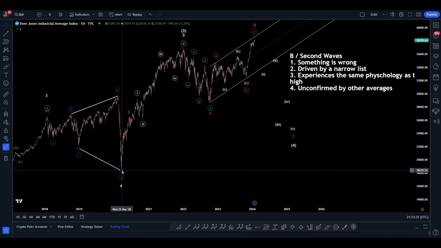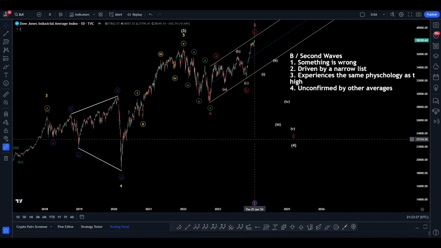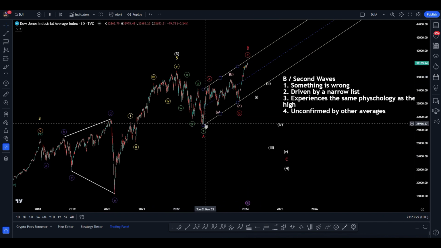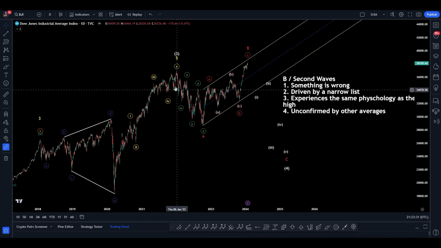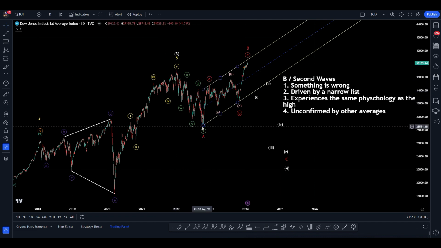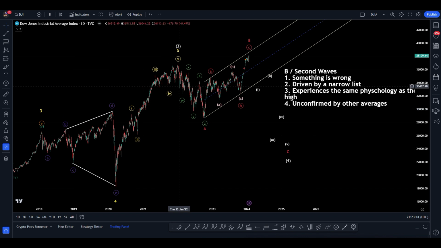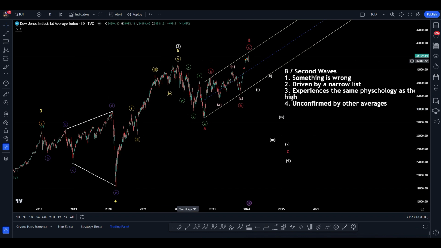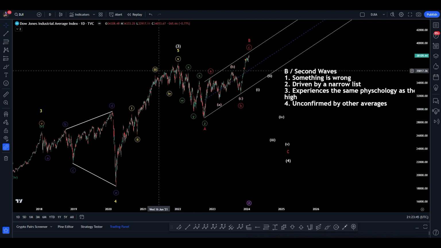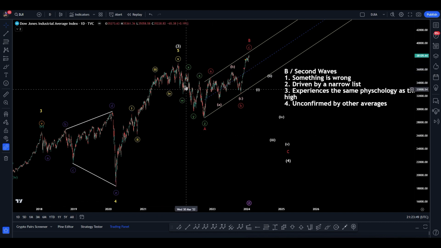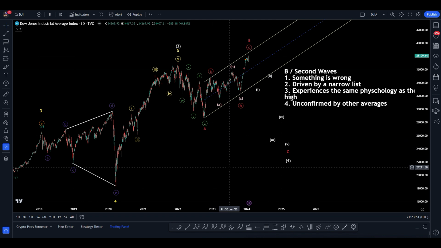Now, does it have to get down there? No, it's not a rule. Okay? But there's something wrong, because it took a triple zigzag just to barely touch it, which is kind of strange. I would expect if the entire correction for a wave 4 was a triple zigzag, then it would take that to get down well into the guideline.